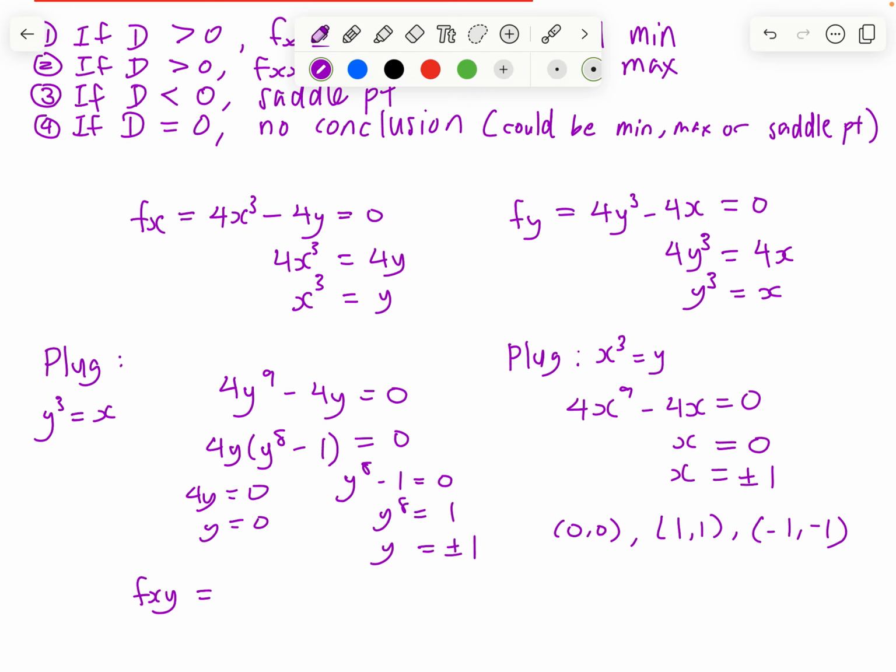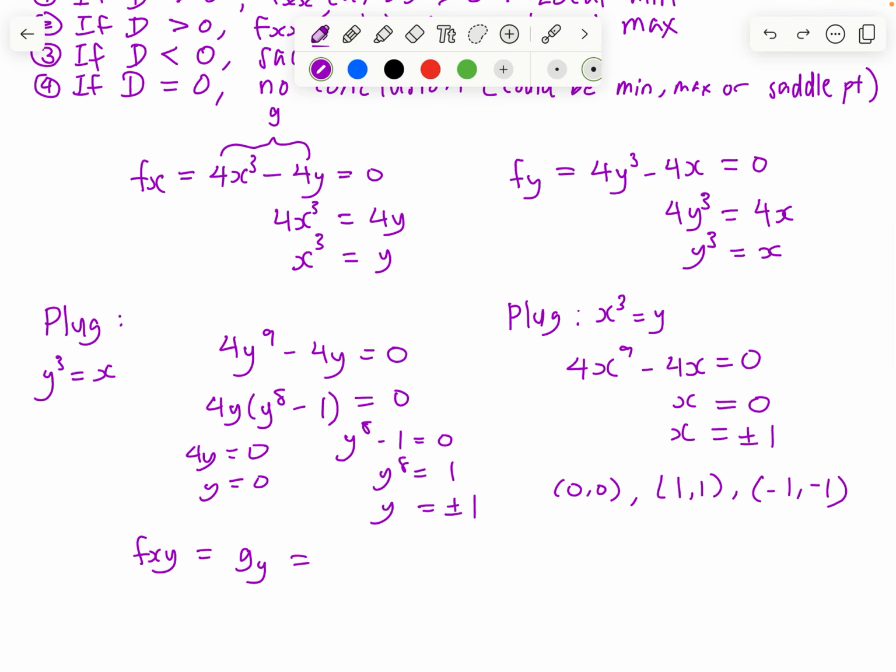So we have 4x cubed minus 4y, and if you think of this as g, for example, this would be essentially g of y. So all we're trying to do is do what we have done before, and we derive with respect to y. So 4x cubed would be cancelled because that's a constant, and negative 4y, the derivative of that is just negative 4.